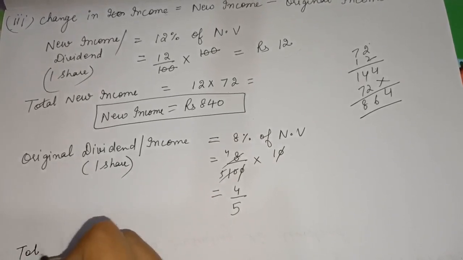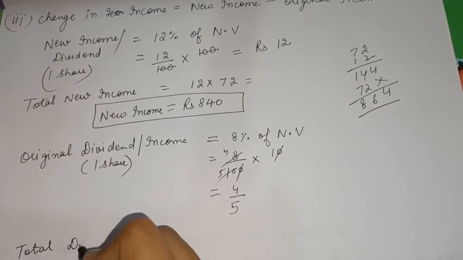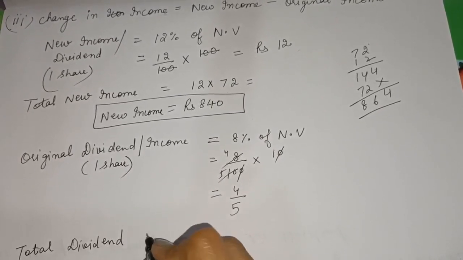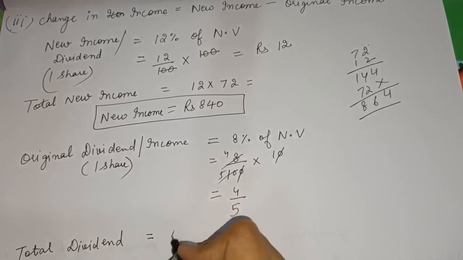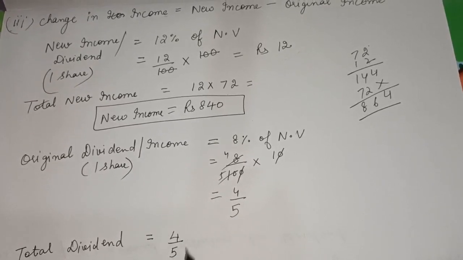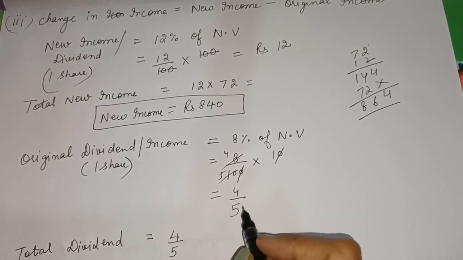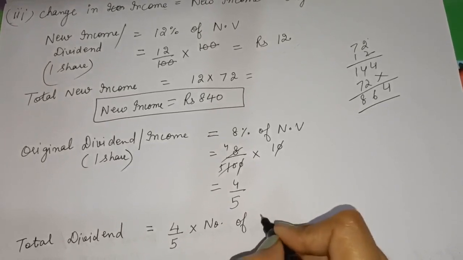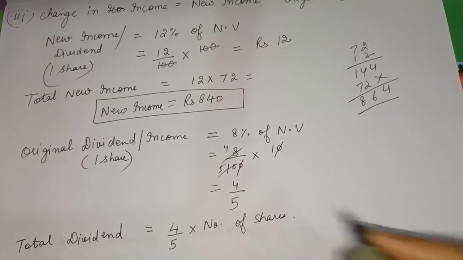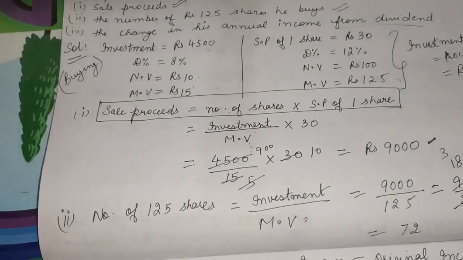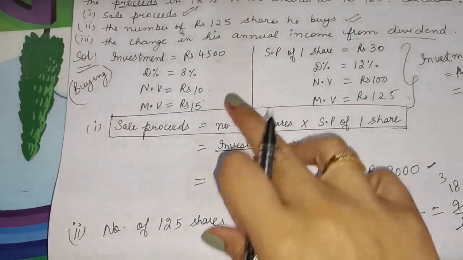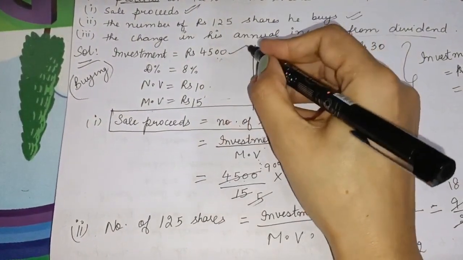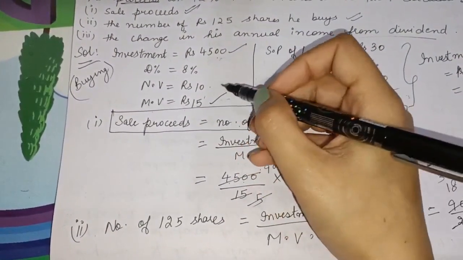So total dividend is equal to income of one share into number of shares. Here the number of shares we don't know, but investment is there and MV is there.